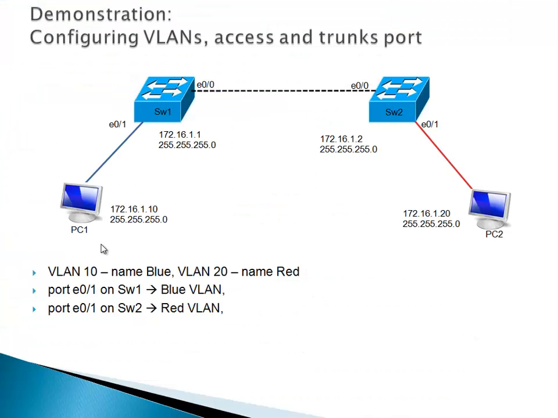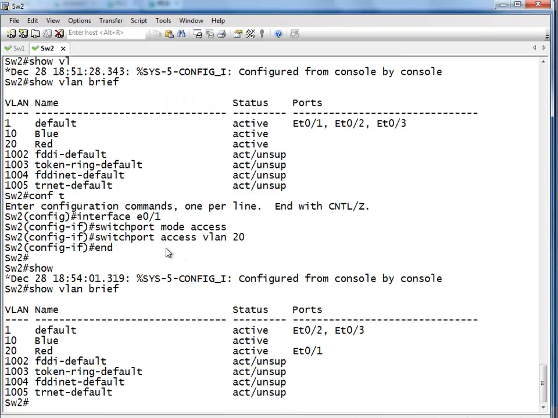Now these devices, PC1, will not be able to communicate with PC2 without the help of a router or layer 3 device. Earlier we saw PC1 and PC2 were able to communicate with each other.